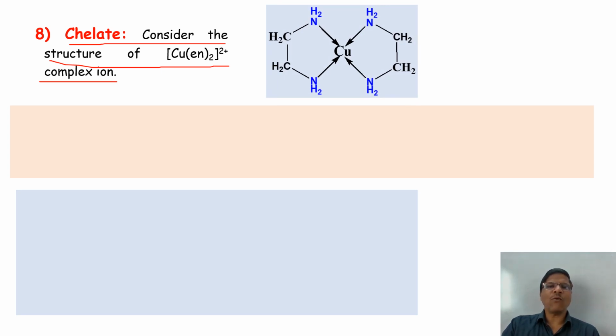At the center we have the copper 2+ ion, and 2 ethylene diamine ligands are bonded to the copper. Now I will consider the copper and 1 ethylene diamine ligand. You have to observe this part. What happened? You can easily see the formation of a pentacyclic ring.